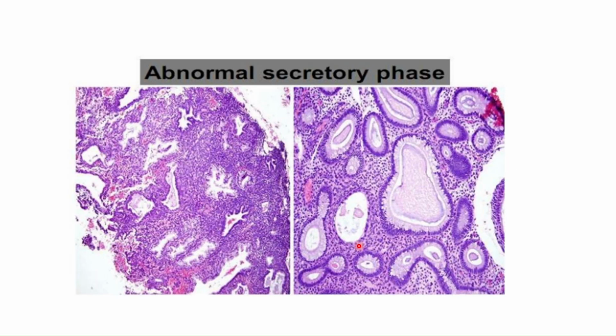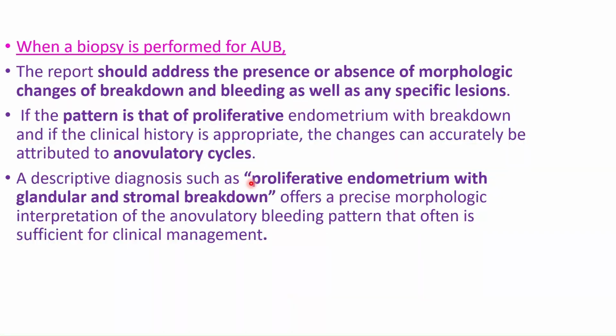Here we can appreciate secretory glands. Some are small and tubular, few are cystically dilated, and stroma is focally edematous. Here are the star-shaped glands with dense stroma.